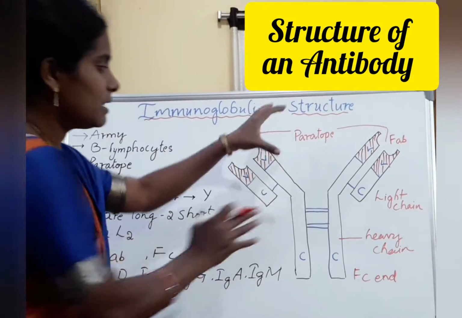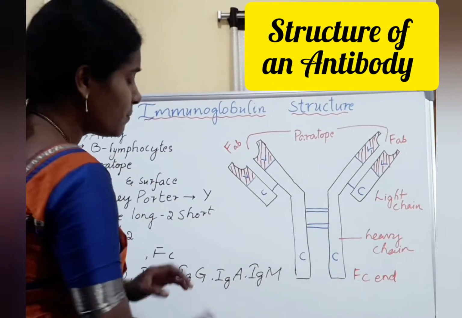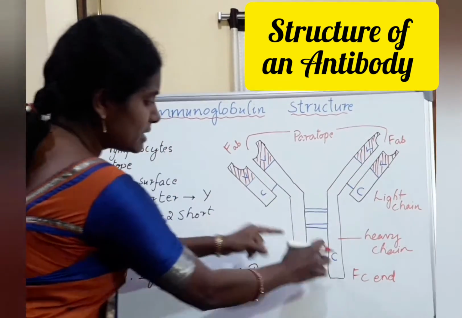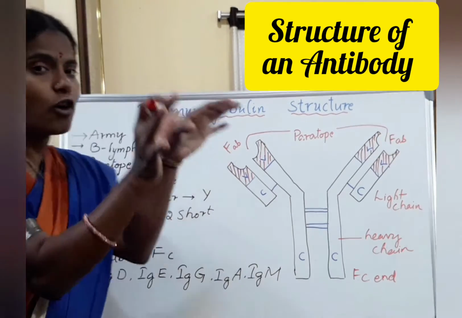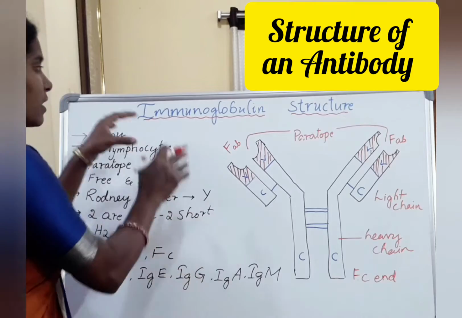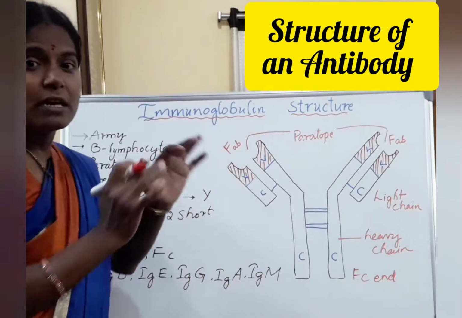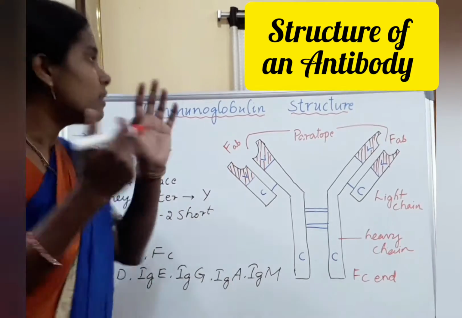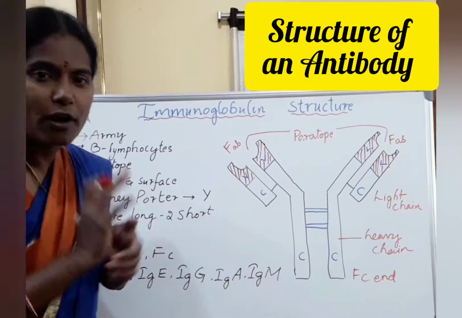So now this is the structure of an immunoglobulin or antibody. It looks like a Y structure. When a foreign object enters into the body, our B lymphocytes release a group of proteins called antibodies.